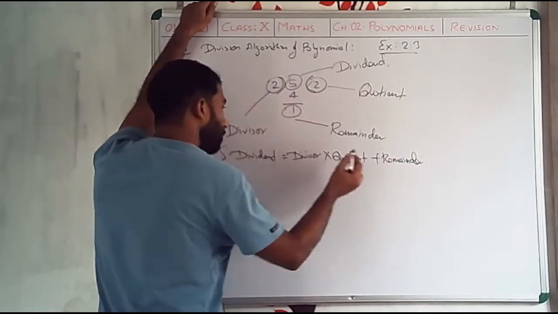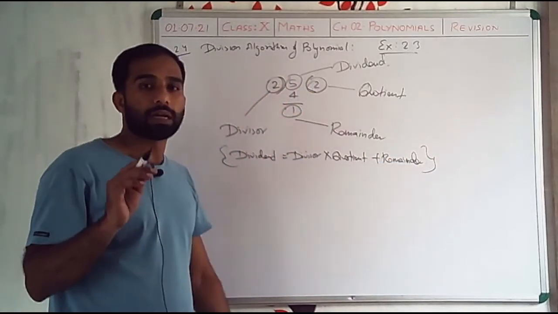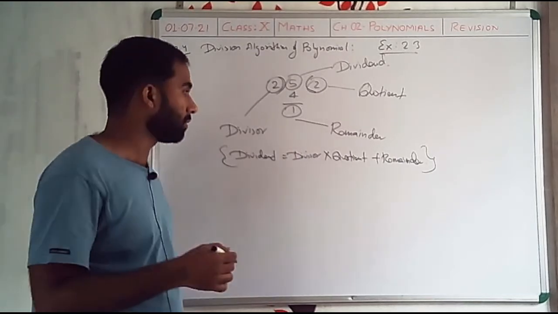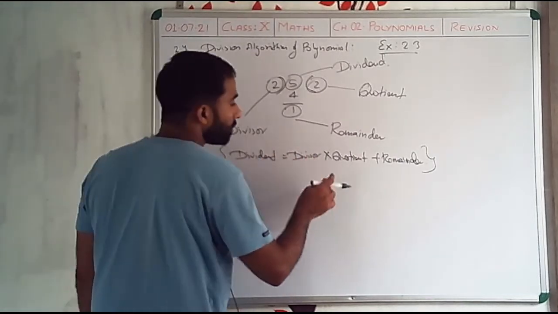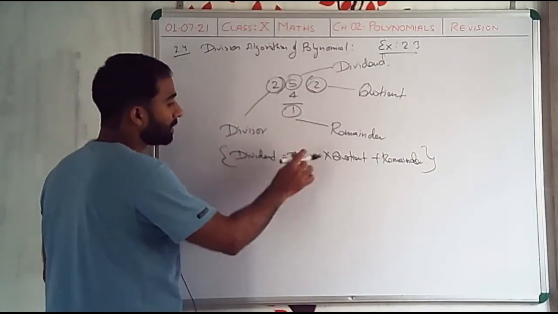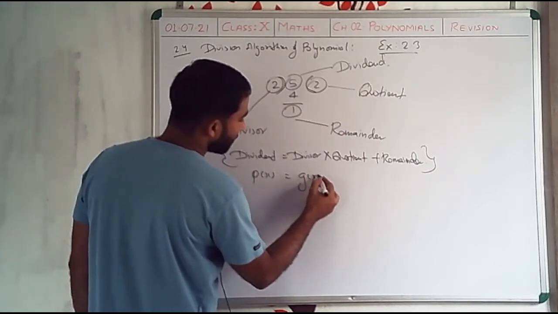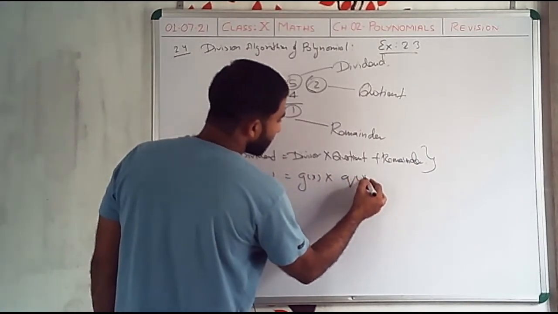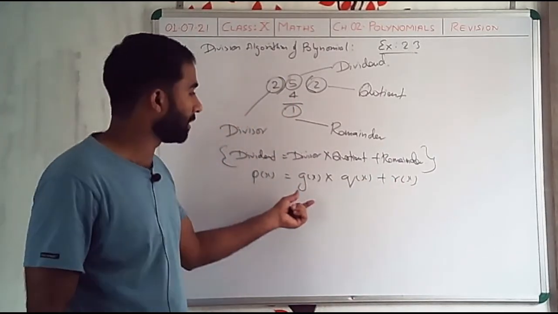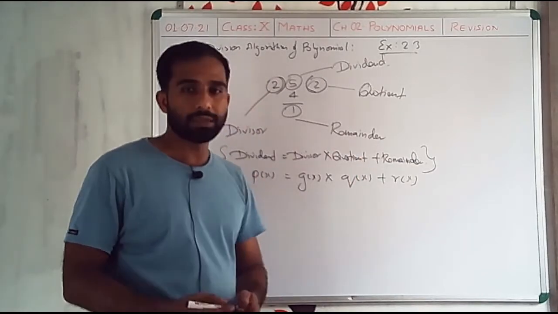Now we are going to use this property for algebraic expressions, for polynomials. So we have to use some specific symbols, abbreviations to represent these things like p(x), g(x), q(x), r(x), where p(x) is the dividend, g(x) is the divisor, q(x) is the quotient and r(x) is the remainder.